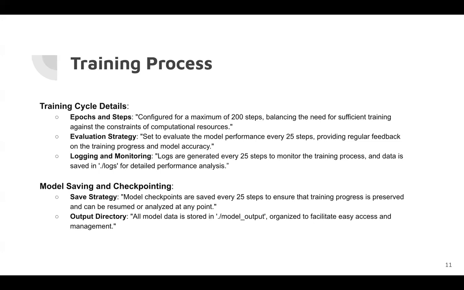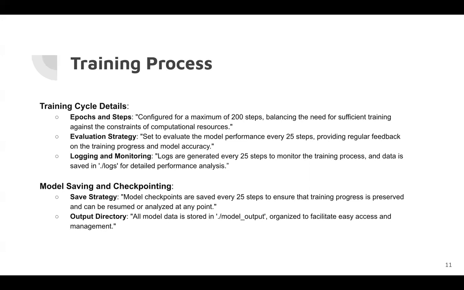Then we set the model to be evaluated every 25 steps, which provides regular feedback on the training progress and model accuracy. We also generated logs every 25 steps to monitor the training process, and the data is saved in logs for detailed performance analysis.